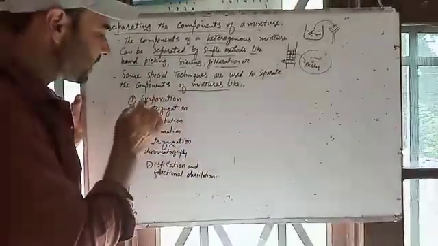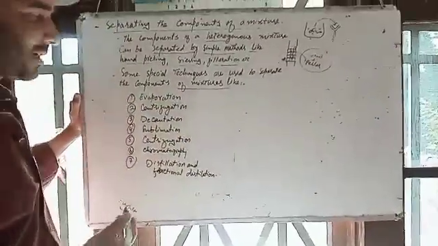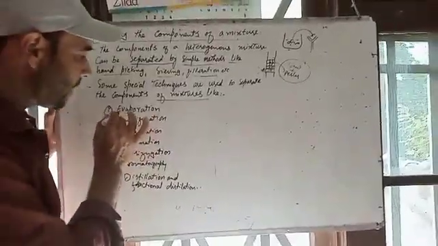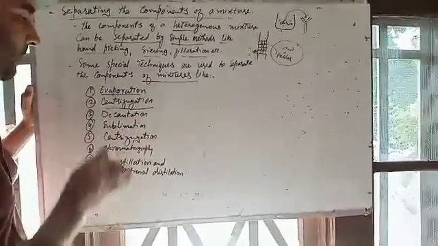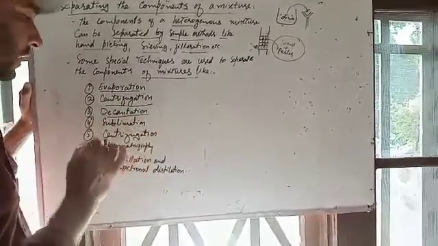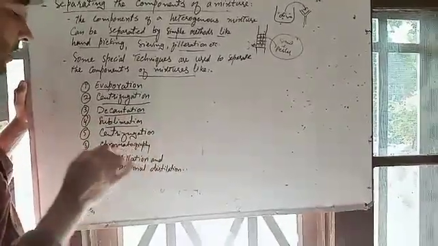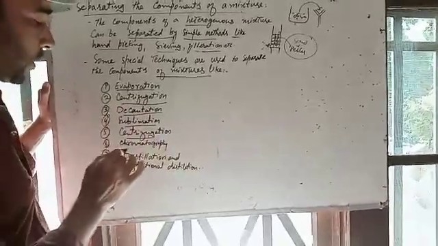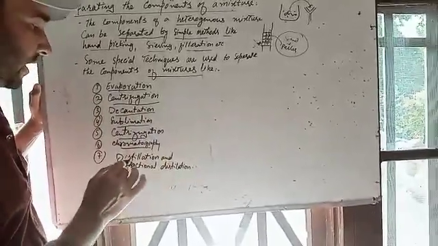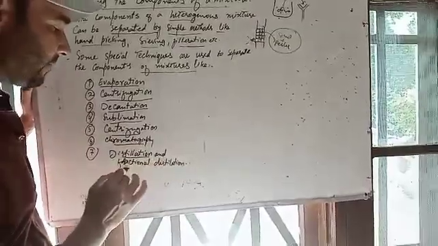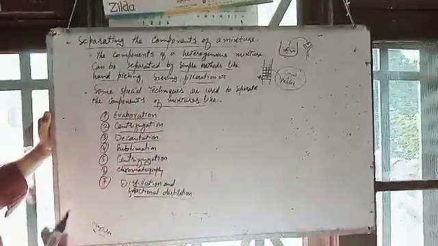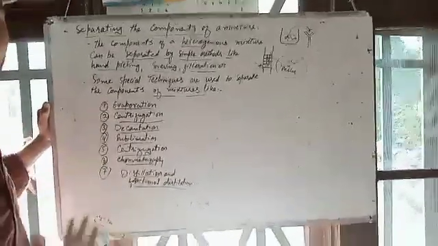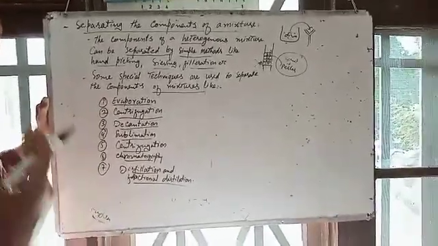Number one is evaporation, then centrifugation, decantation, sublimation, chromatography, distillation, and fractional distillation. These are the 6-7 techniques by which we can separate different components of the mixture.